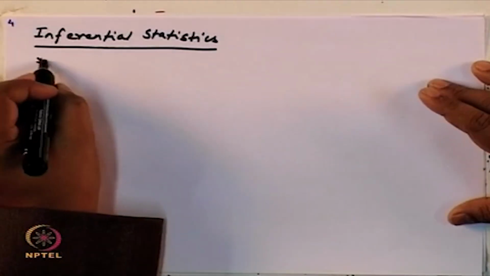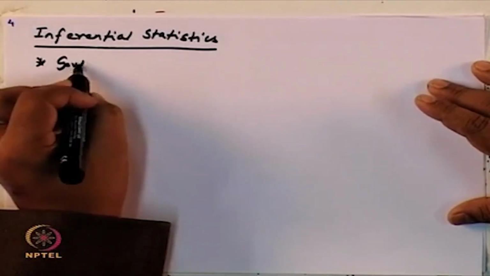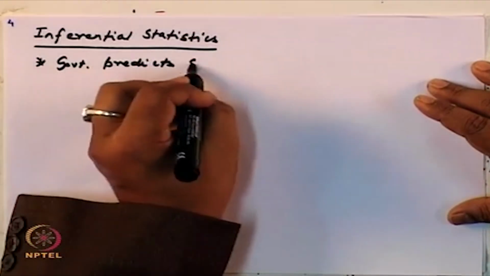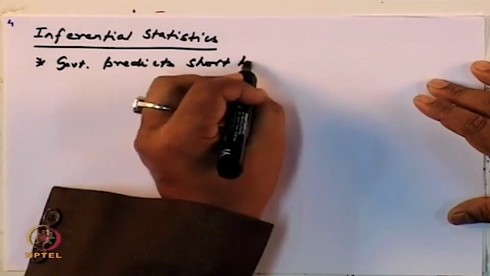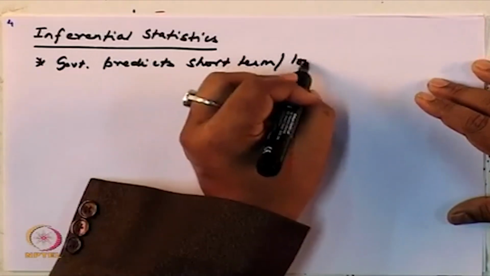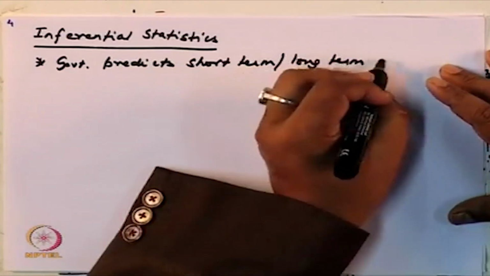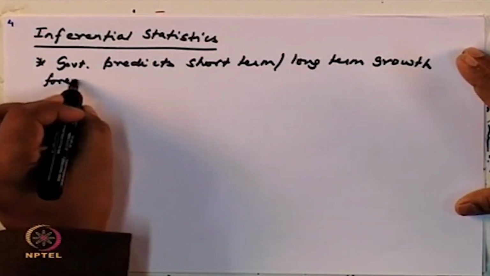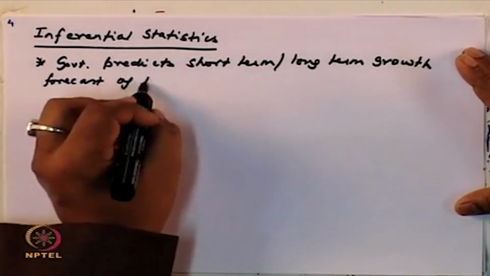Some examples: let us say the government often predicts the short term or long term growth rate, or growth forecast, of the country.